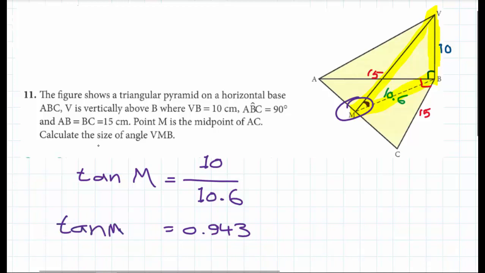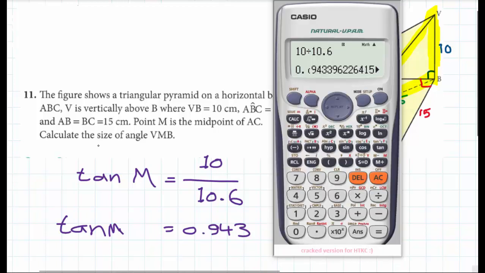Then how can we get the angle M? This is the perfect time to use tan inverse. In the calculator, because we don't know the angle but we know the result, we can use tan inverse. Tan inverse of the answer, which is 0.943 and all the other decimal places, it's better than just writing 0.943. Then let's just see the answer is this number, 0.94333.